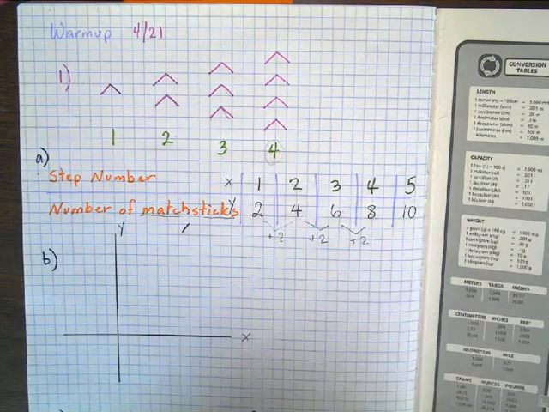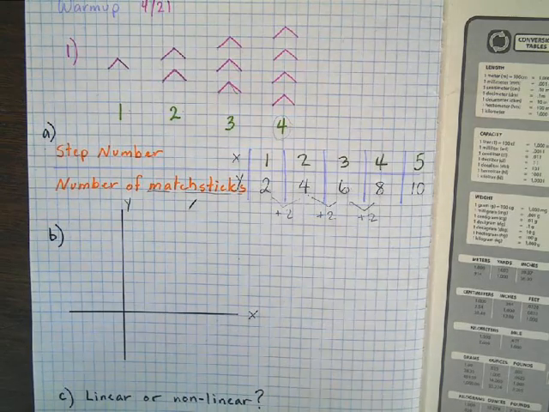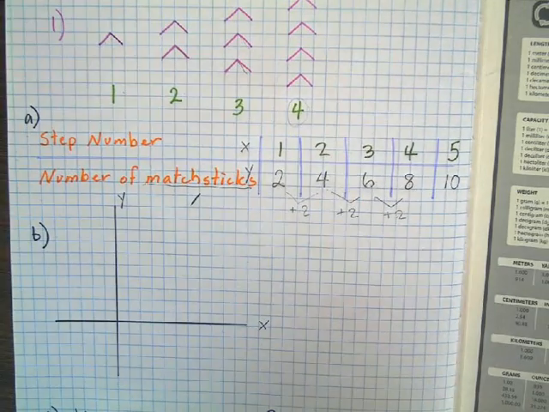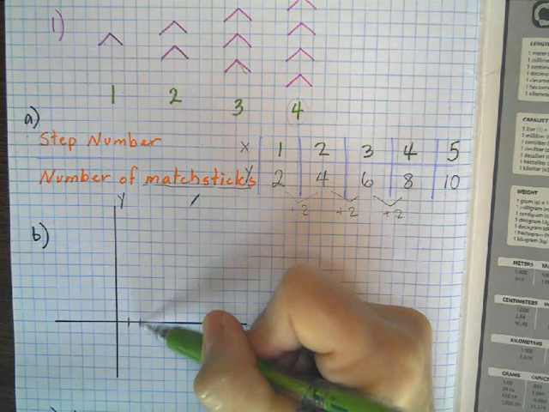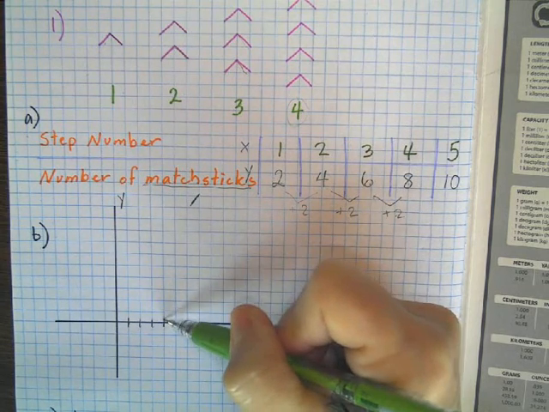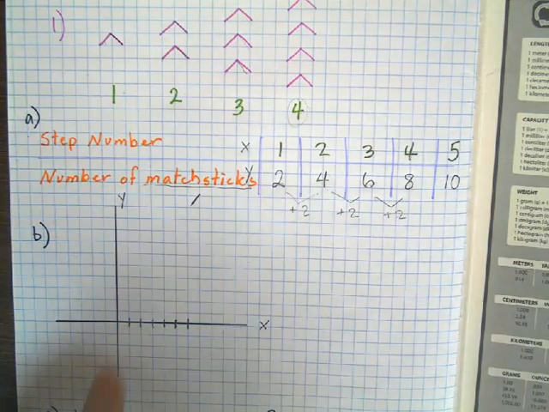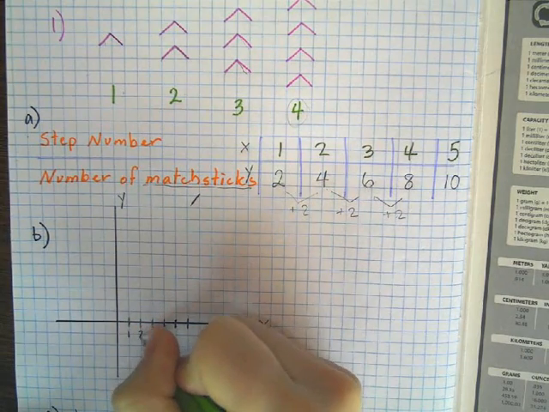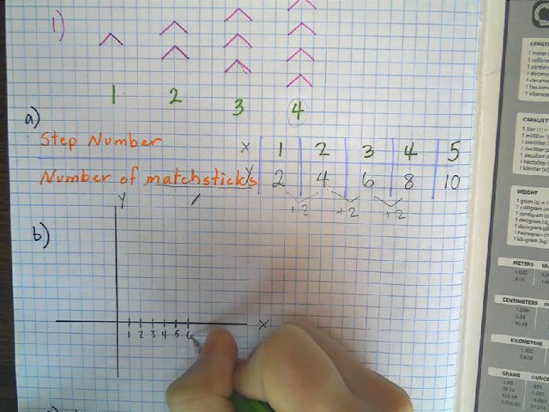And first we need to put numbers on. Now please be very careful. You want to make sure, and I'm going to zoom in so we can see it better, that you are using the lines. See the lines on the graph paper? You want to be using the lines on the graph paper. So this is positive 1, 2, 3, 4, 5, 6.